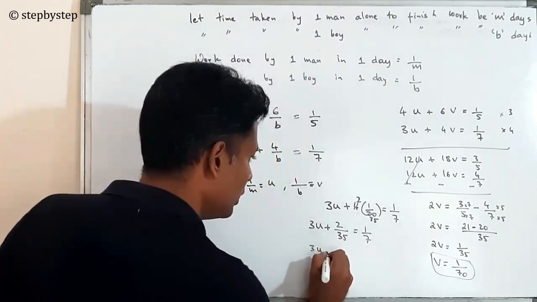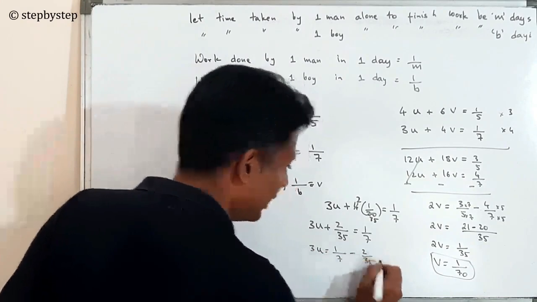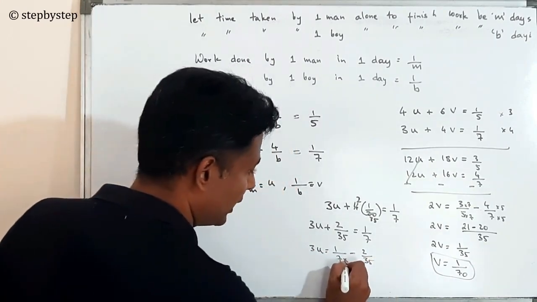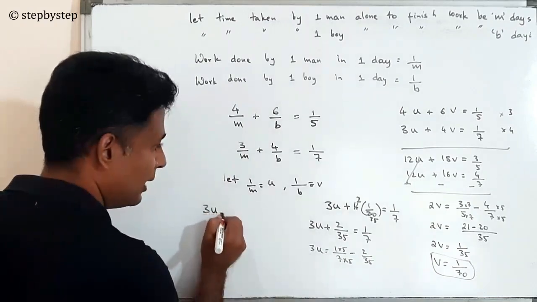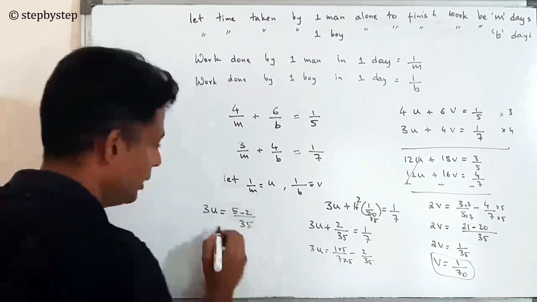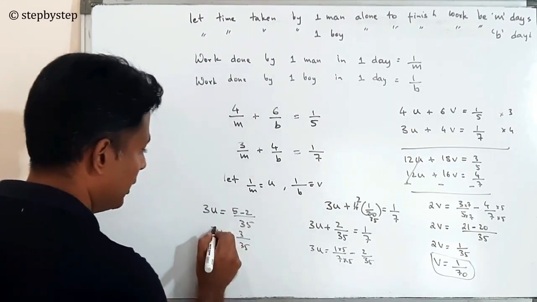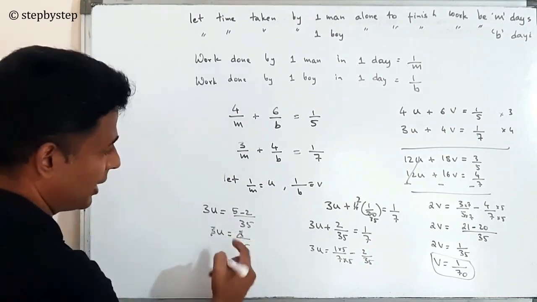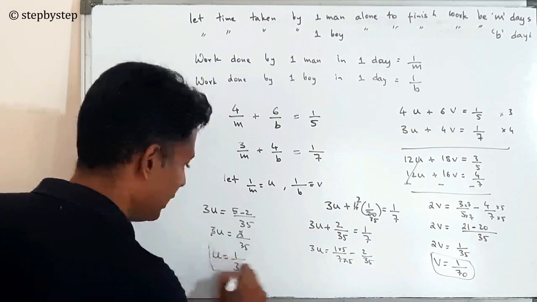So 3u equal to 1 by 7 minus 2 by 35. Again LCM is 35. So here into 5, here into 5. So what do I get? 3u equal to 5 minus 2 by 35. So I get 3u equal to 3 by 35. This 3 and this 3 will cancel because here it will become division. So I get u is equal to 1 by 35.